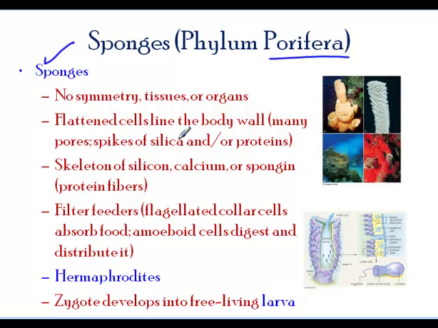They're more like a colony of small little flagellates, but more of the same kind of cells, and they have a greater division of labor as well. So some cells are good filter feeders. Some cells give you a skeleton because they have silicon and calcium deposited on them, or spongin, which is a protein fiber, and they have cells that are flattened, which will form the body wall.